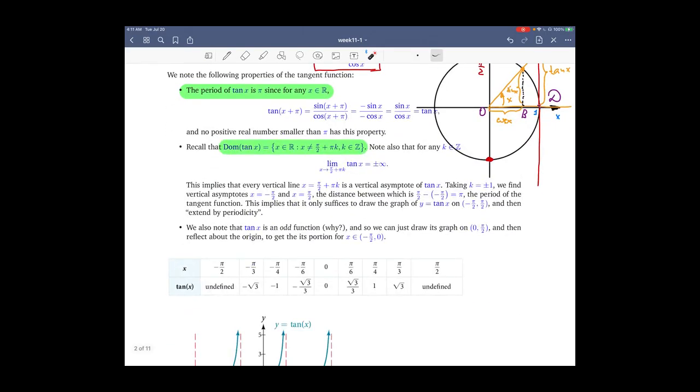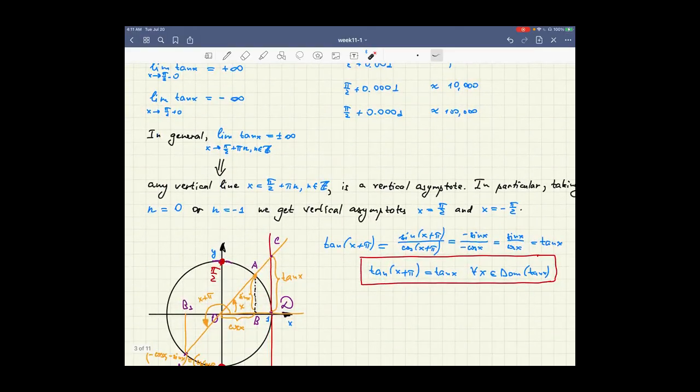Let's get back to the fact we just established, that pi over 2 and negative pi over 2 are vertical asymptotes of tangent.